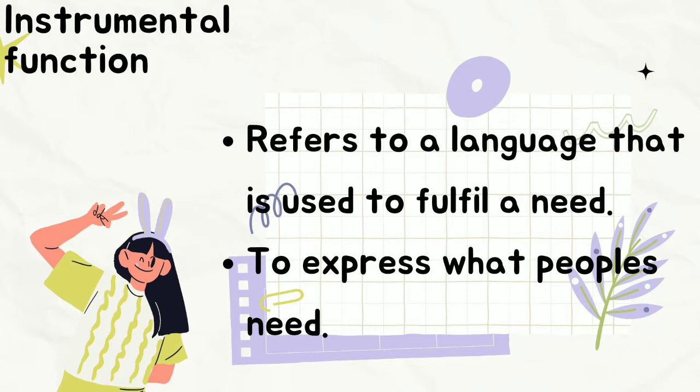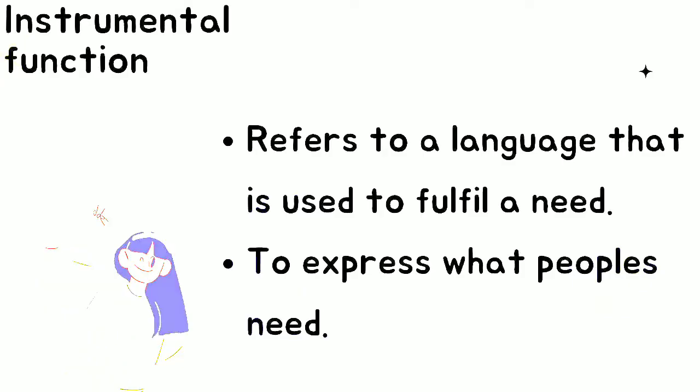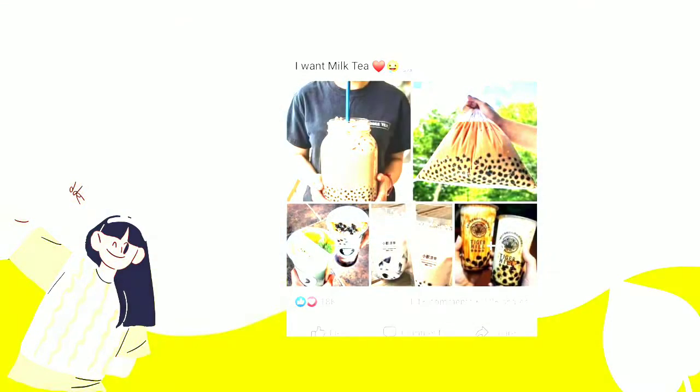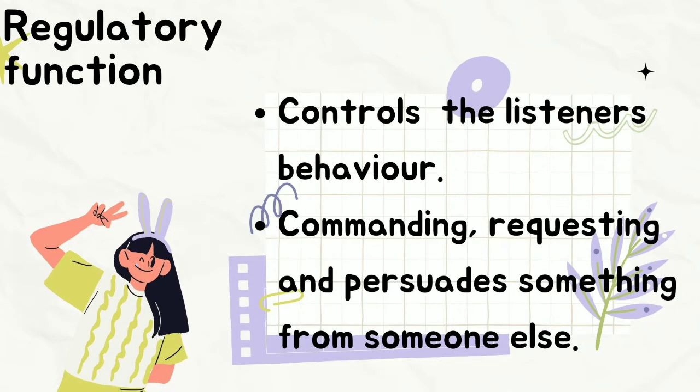It accomplishes something either for the speaker or for someone else, and this function helps us to understand its purpose. Here is an instrumental function example: "I want, I need" is an example of instrumental function, giving the speaker satisfaction once his material need is being given and received by him or her.